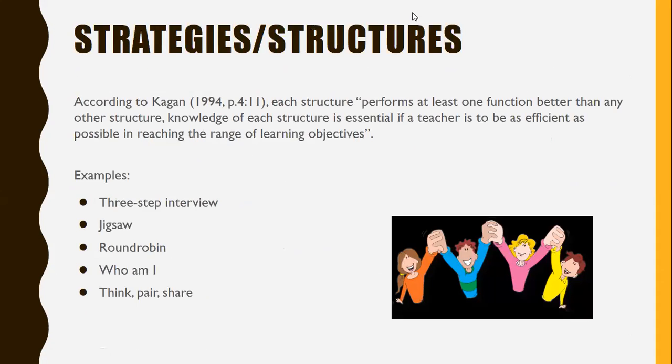Well, as I was telling you before, Kagan has a complete bank of strategies or structures that are specific activities that you can use when implementing cooperative learning. They are classified in different types, and they are many. I could say that they are like 1,000 strategies or structures that are classified depending on the needs that you have in your classroom.